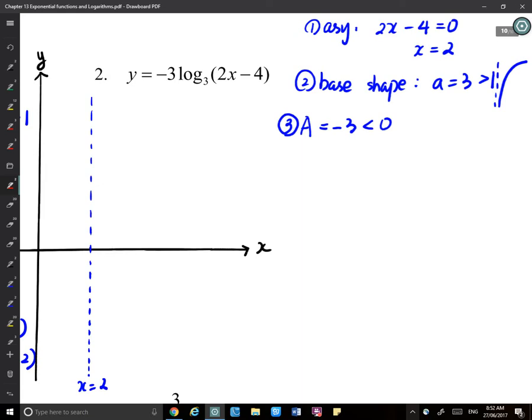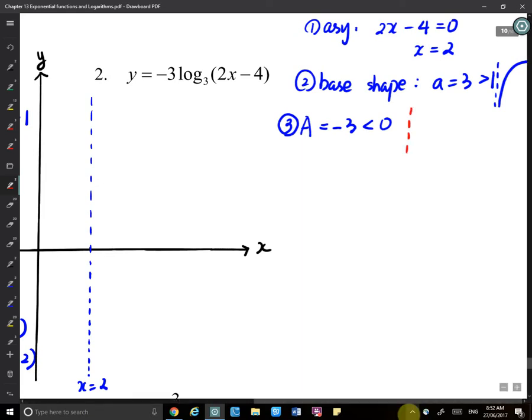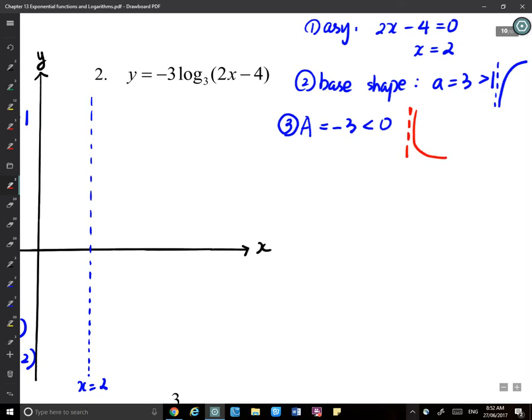X. Okay, reflect down. So if it's reflected by the x-axis, then it becomes this shape. It's not changing side. It's still the right-hand side of the asymptote, but going that way.